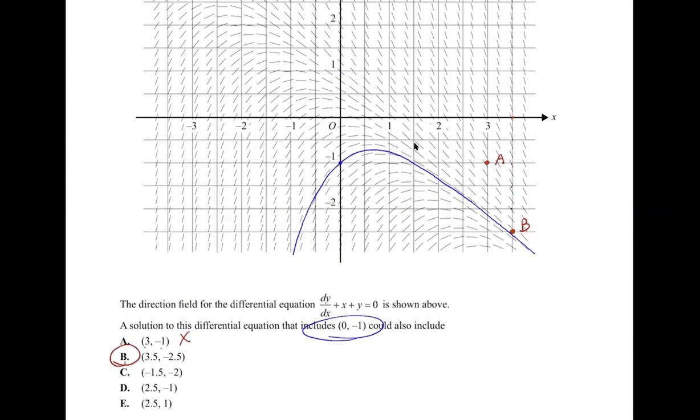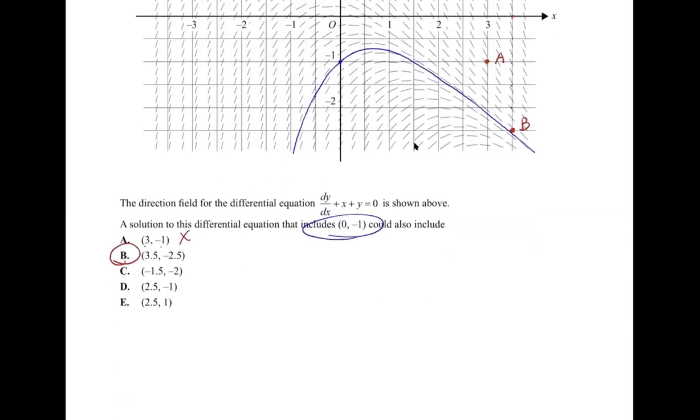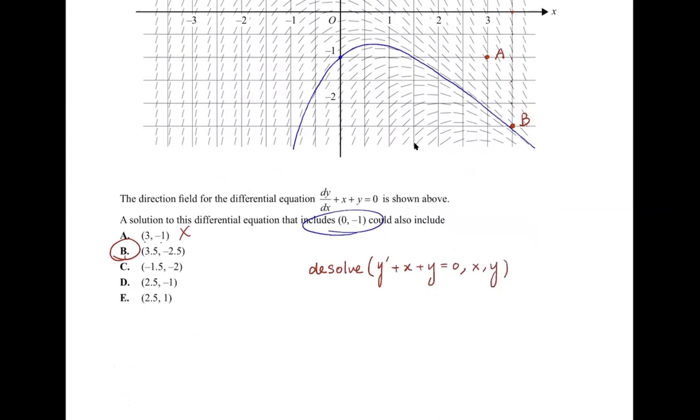Alternatively, there is another shortcut if you know how to use DSolve, okay? The syntax for DSolve on TI-Nspire is deSolve(y' representing dy/dx, y' + x + y = 0, comma x, comma y). But remember, you have an initial condition, so you could just say, let me adjust my writing.